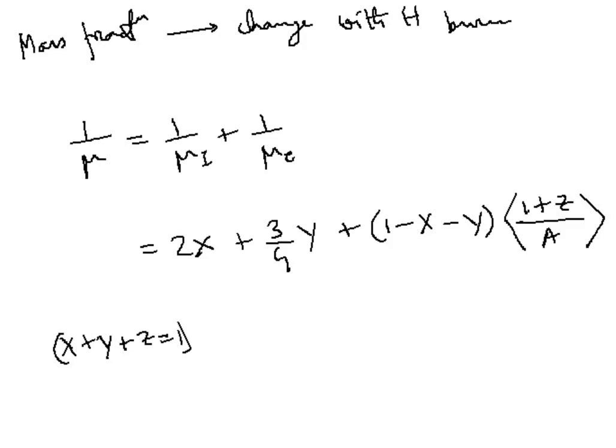Okay, now if we use this to eliminate the z from the above equation, and also if we note that this is approximately half for nuclei, for low mass metals basically, then we can write this expression for mass fraction in a somewhat different way. 1 by mu is equal to half plus 3 by 2 x plus 1 by 4 y.